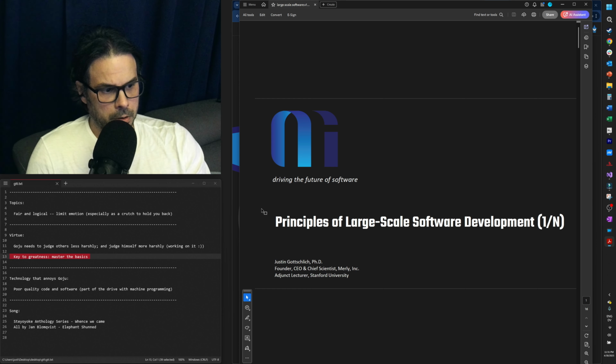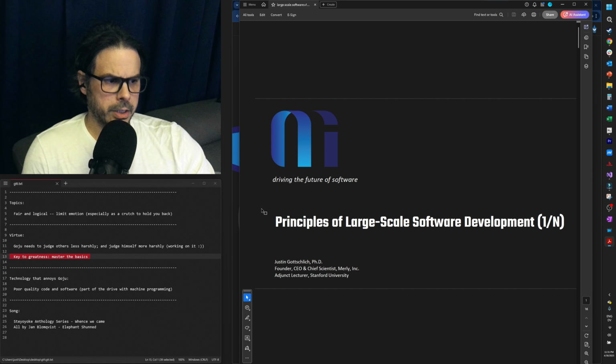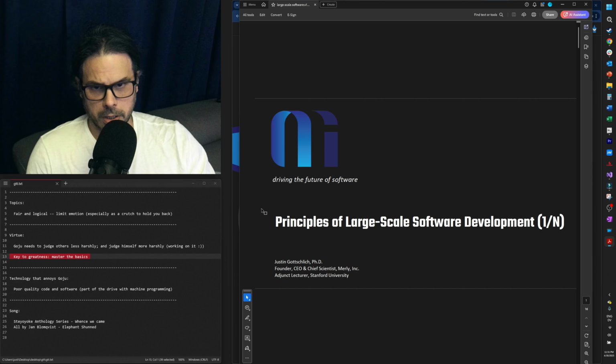So even something like NATS, which I think is 350,000 lines of code, I don't consider that large scale. I don't mean that disrespectfully. It's just a different space. Different things happen when you reach a certain scale of code.